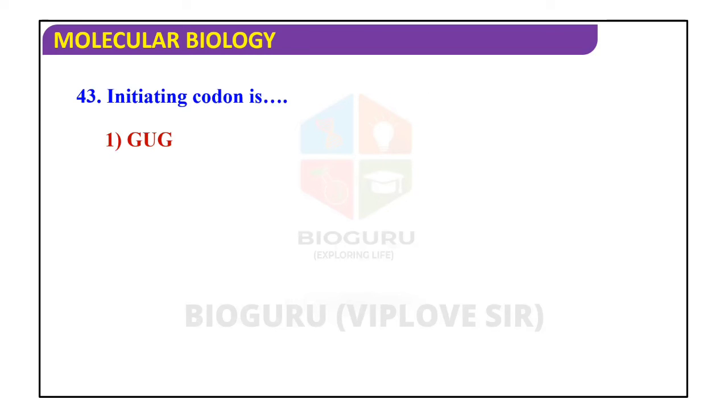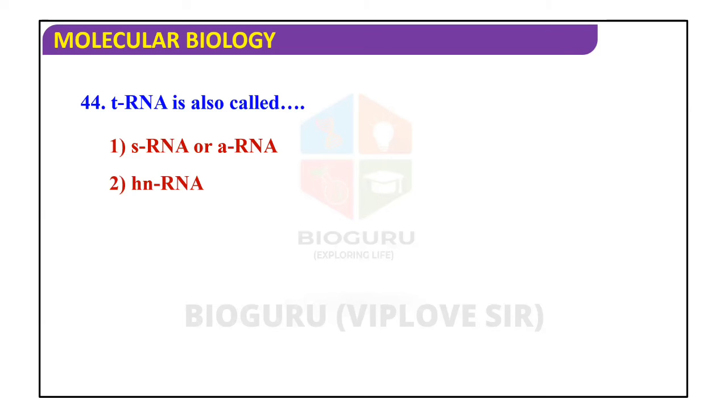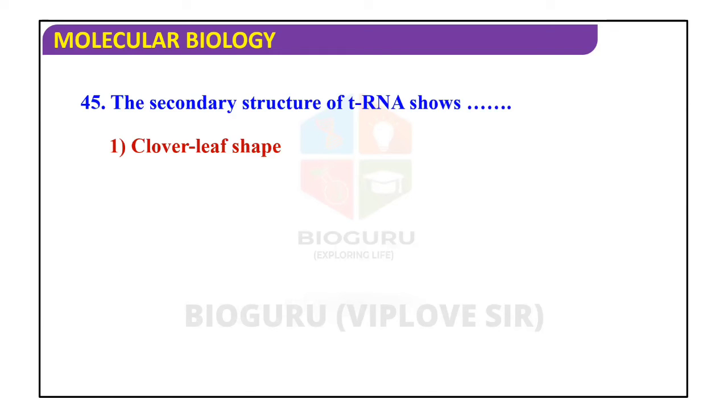Initiating codon is GUG, AUG, UAG, or UGA. It is AUG. That's good. tRNA is also called sRNA, aRNA, hnRNA, rRNA, or mRNA. Yes, it is sRNA, soluble RNA. The secondary structure of tRNA shows clover leaf shape, S shape, L shape, or inverted omega shape.